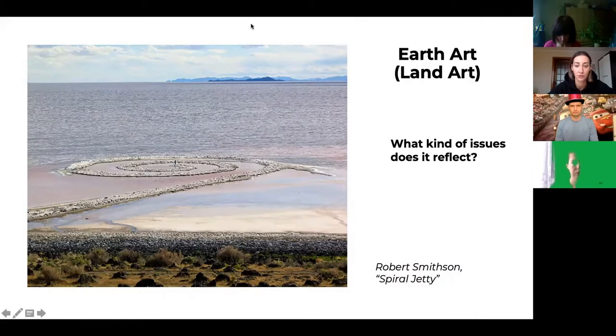What kind of issues is this art about? When someone wants to answer, you can just unmute yourself and speak out, or you can type in the chat. Okay, I see the answer. Sustainability, human impact on ecology. Yeah, you're completely right. So earth art came up in the 60s when people started talking about climate change, about global warming, and they tried to make art as sustainable as possible.